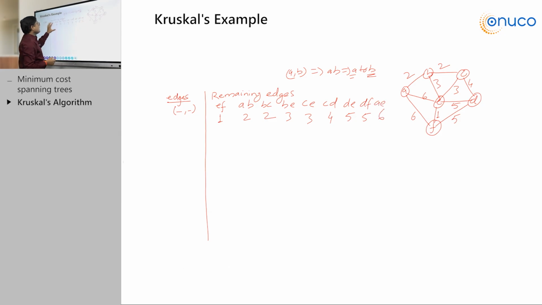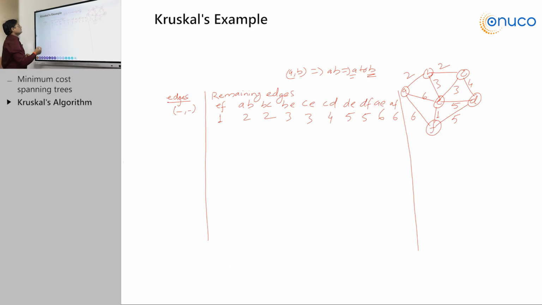So if you see, we have written down all the edges in increasing order of their weight. One more, we have A to F is 6.